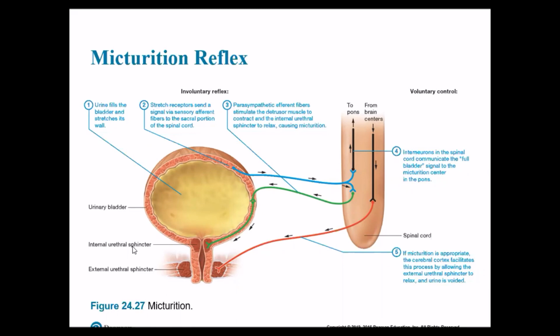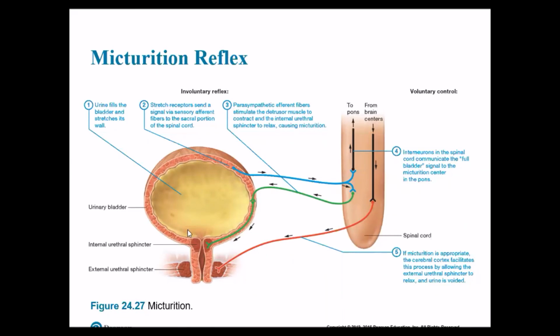Notice you have two sphincter muscles. These are bands of smooth muscle that are kind of creating a rubber band effect around the urethra. There's two of these. You have an internal and external. This reflex action is reflexing back, and it's basically telling this internal urethral sphincter to start relaxing, start opening up, so that the urine here in the bladder can start leaving, to start being excreted.